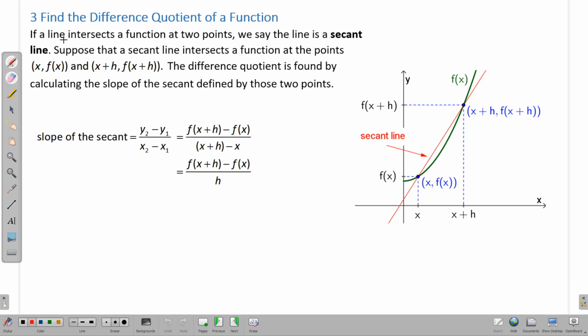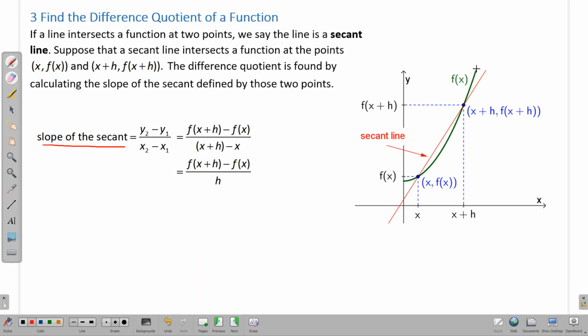Okay, so we're now at objective 3 here, finding the difference quotient of a function. So we did this last year, but like I said, the examples we're going to look at here are a little bit more complicated. So let me start by just going back through what is the point of the difference quotient. The point of the difference quotient is simply to find the slope of a secant line.